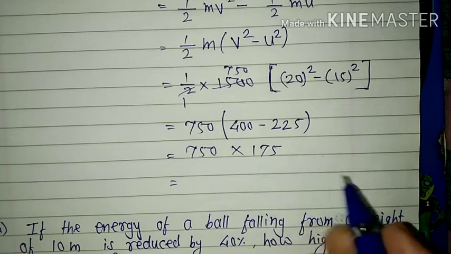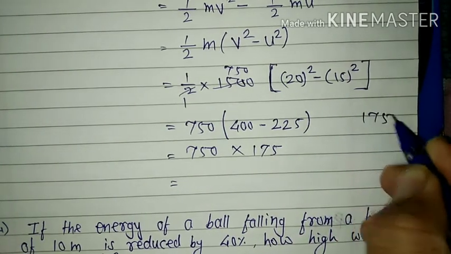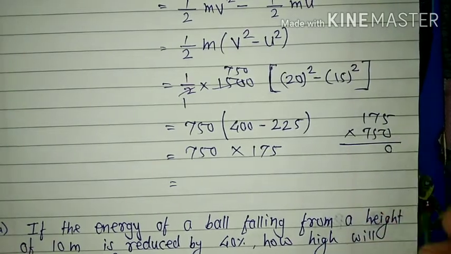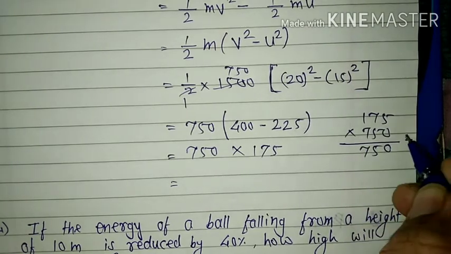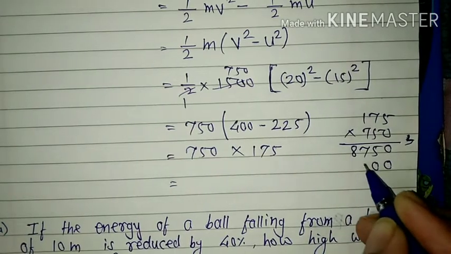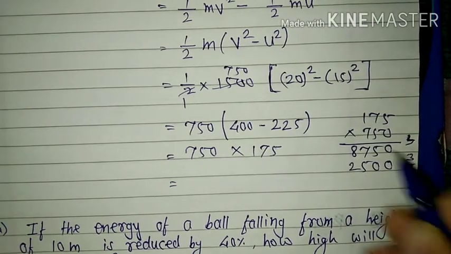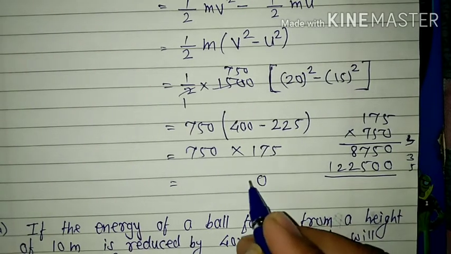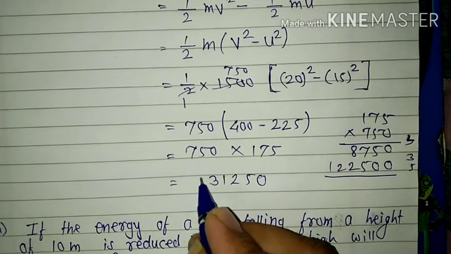So is equal to, let us multiply these two terms, is equal to 175 into 750. So is equal to 131250.